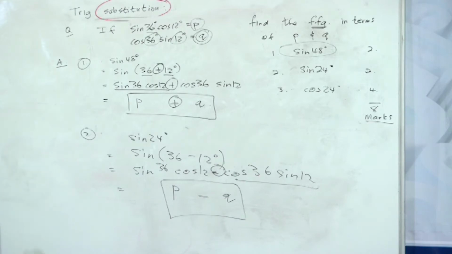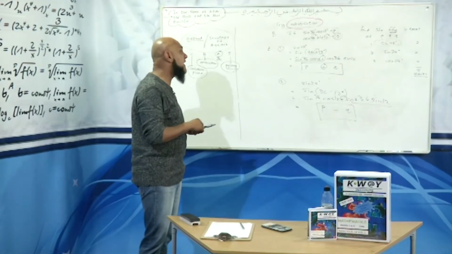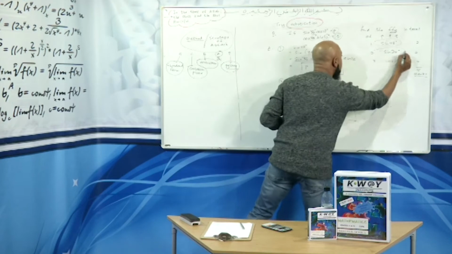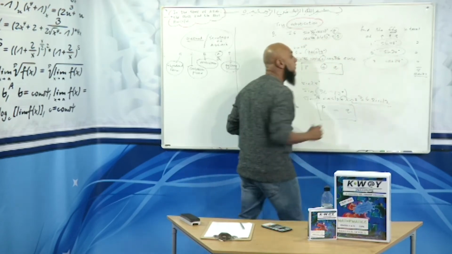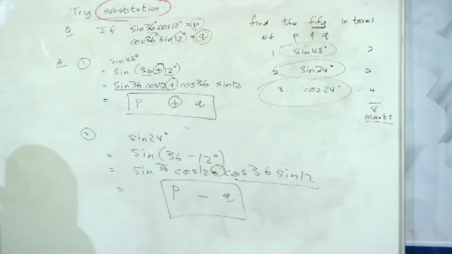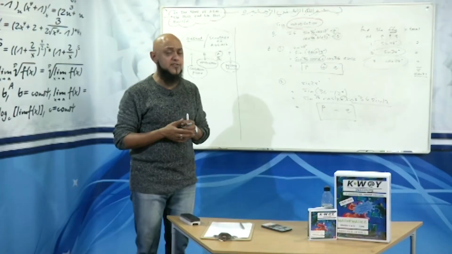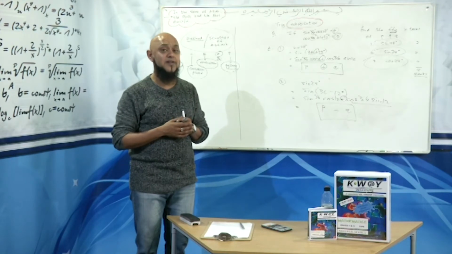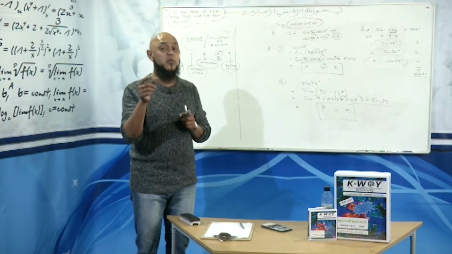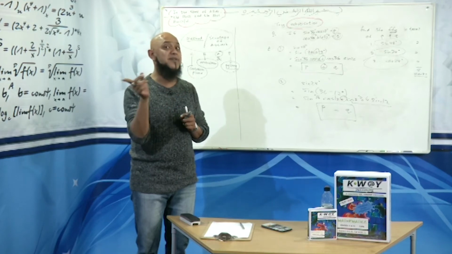We've answered question number 1 and question number 2. We now have cos 24, but now you've got a problem. Cos 24 is cos of 36 minus 12. But when you break up the cos compound angle, it's not sine cos, cos sine.